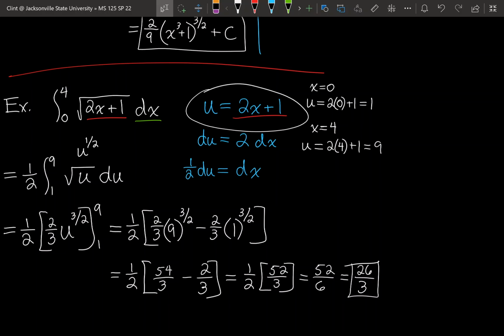The alternate method would be to do this without changing the limits of integration, then undo the substitution, and then plug in 0 and 4 for x, and you would get the same number, but it's messier, because instead of just plugging in 9 and 1, we'd have 2x plus 1 there, so we'd have to do 2 times 9 plus 1, and it just makes it messier. So it's cleaner and shorter if you change the limits of integration.